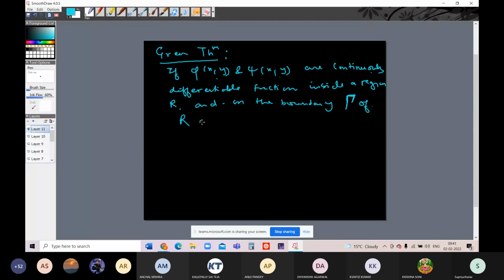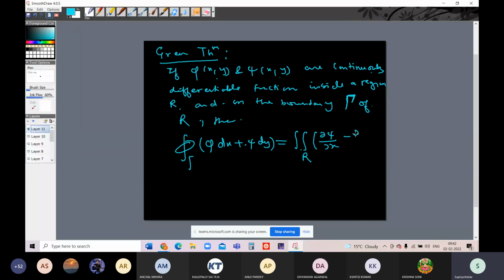Then Green's theorem says that the line integral along the boundary of region R of the function phi dx plus psi dy is equal to the surface integral over region R of del psi by del x minus del phi by del y dx dy.